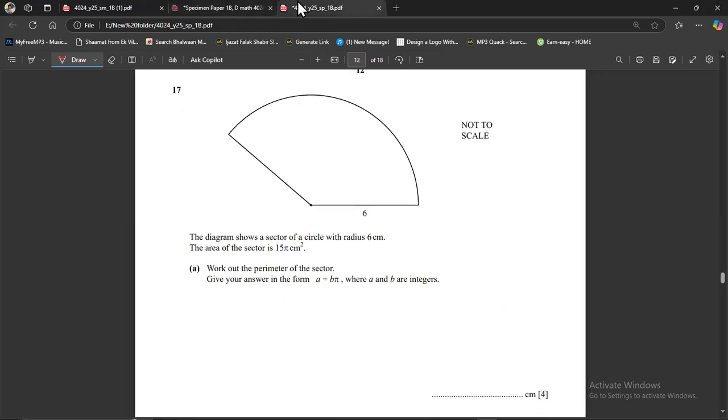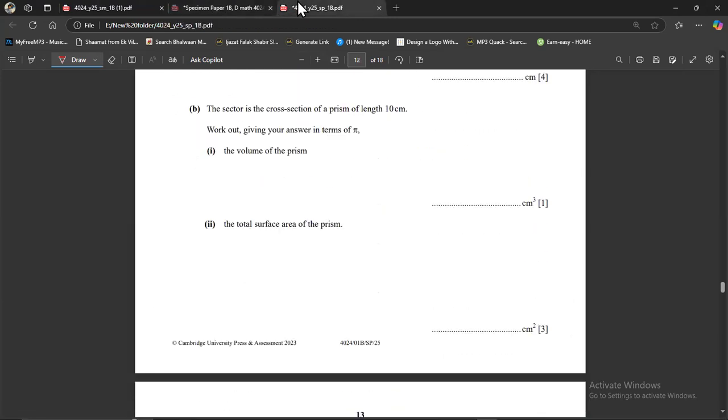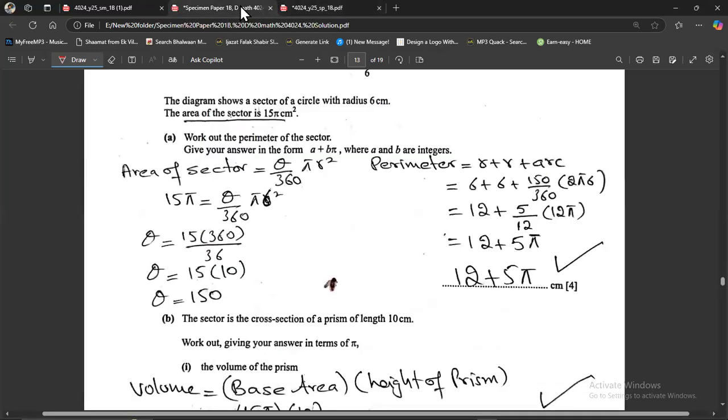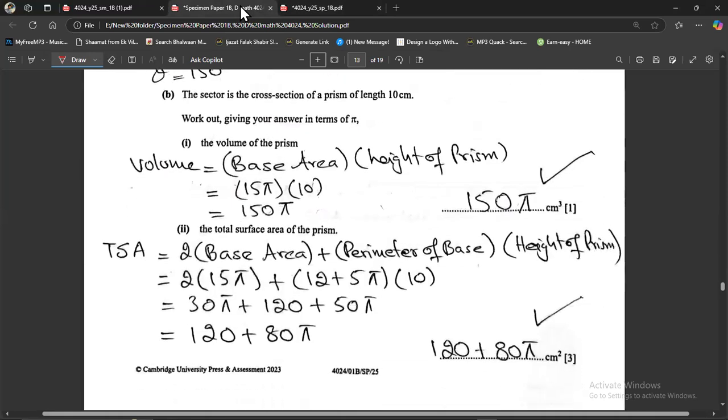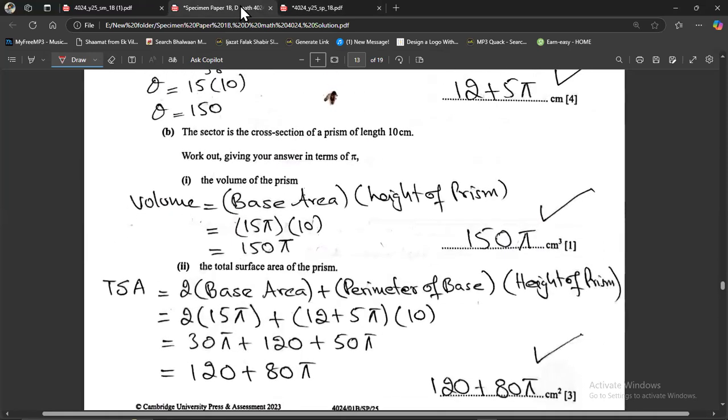The question is on mensuration, question number 17b part. The sector is the cross section of a prism of length 10 centimeters. Work out, giving your answer in terms of pi, the volume of the prism. You know, the volume of the prism is the base area multiplied by the height of the prism. The base area we just calculated, that was given in the question, that is 15 pi centimeter square.